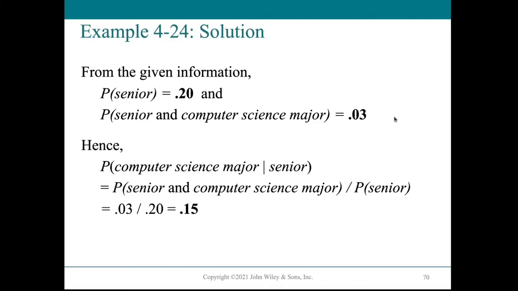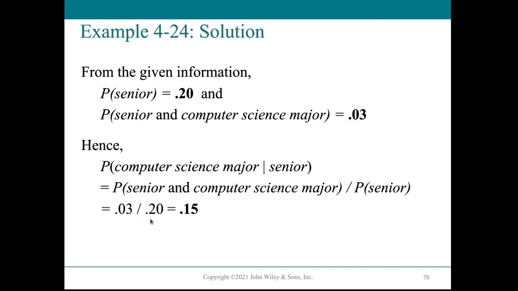So it's much higher than the intersection, because here, among all of the students, it's both a senior and a computer science major among all of the students. That's why it's smaller. If you narrow down our scope and look among the seniors, what's the probability of getting a computer science major among the seniors? Remember, in this calculation, the senior is the denominator, the number of seniors.